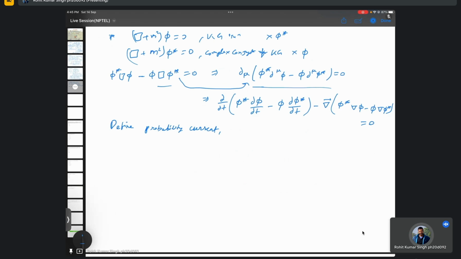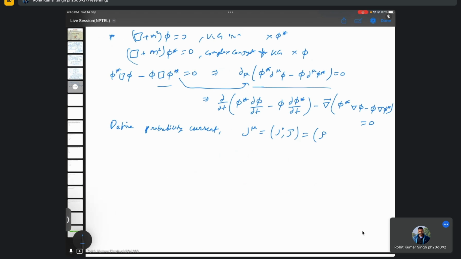Similarly, in the relativistic case also we can define a probability current, but it will be a 4 vector, having a time component j0 and spatial components.